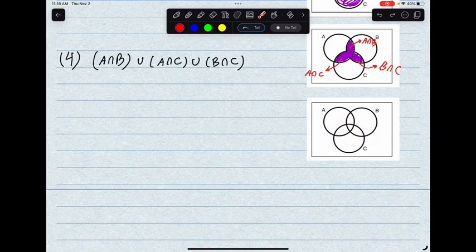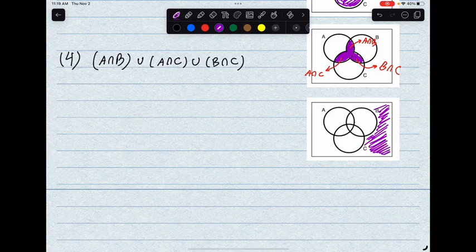So where is it? It's outside of this. It's going to be outside of A, B, or C. You can see what we're looking for is actually the complement of the union of A, B, and C. That means the event in which none of them occurred, outside of all the 3 events.